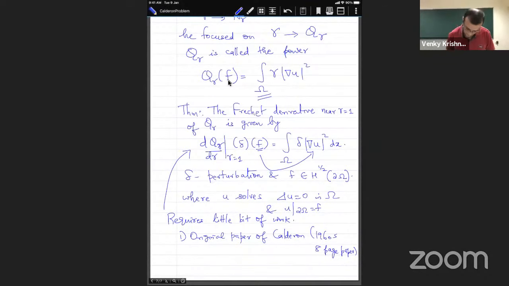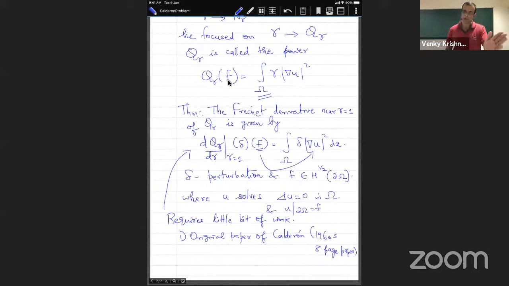But instead of focusing on the calculation, what you need to do is this: you consider a perturbation gamma to be 1 plus delta, because I'm linearizing near constant conductivities.